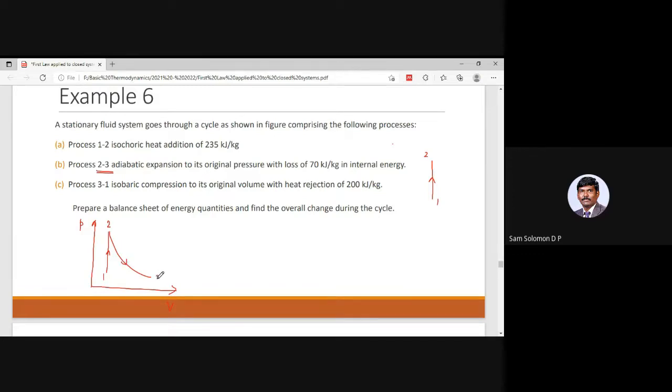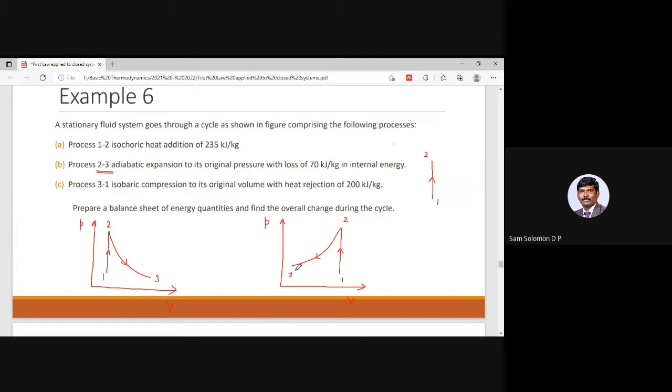Okay. And some students will have confusion over here. Let's do both and let's see what is correct. I have drawn 1, 2 over here. This is for isochoric heat addition. And then there is expansion. But when you are drawing like this, for 2 to 3, your pressure is reducing.